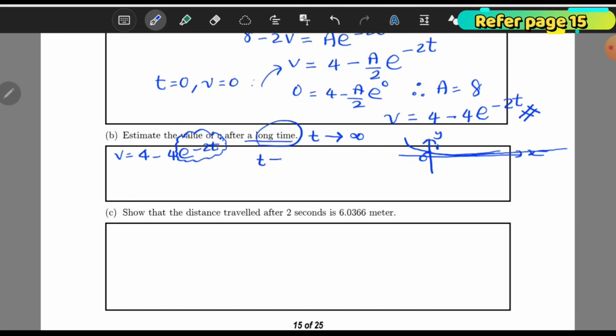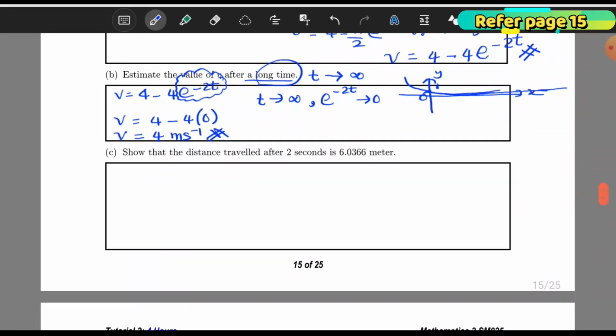So when t approaches infinity, e to the negative 2t approaches 0. So now your v equal to 4 minus 4 times 0. So this is for the case of a very long time. And your v equal to 4, using meter per second.